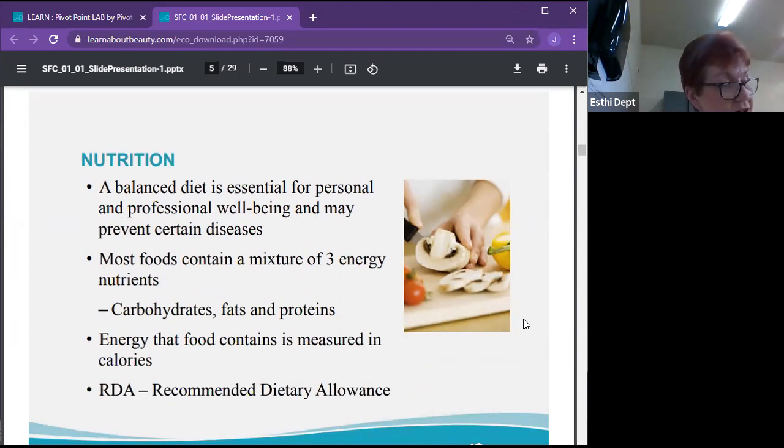That's also what you need to put in there. You need to remember that one because it's a test question. Also, they're going to ask about the energy that food contains being measured in calories. So the first and the last.